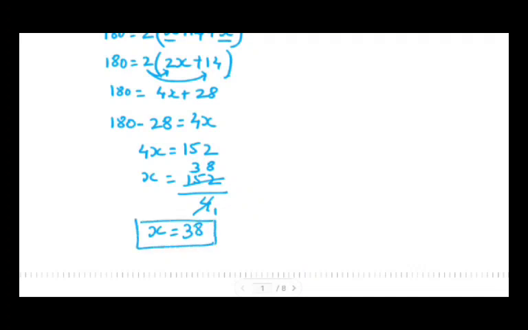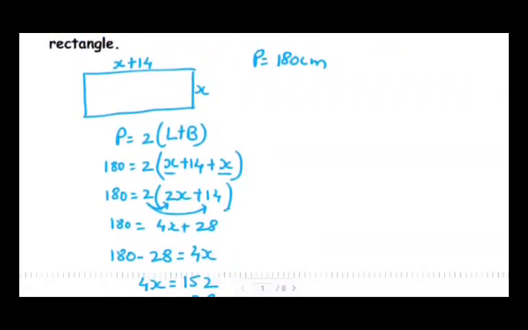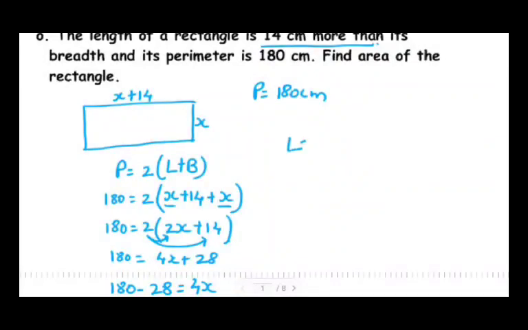That's my breadth. Okay, what's my length? Length is nothing but x plus 14, which is equal to 38 plus 14. 12, 1 plus 3, 4, 4 plus 1, 5, 52.